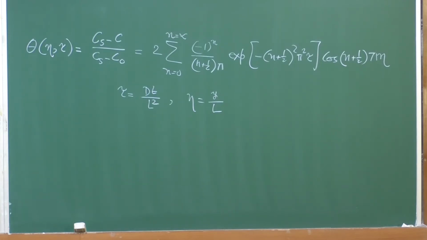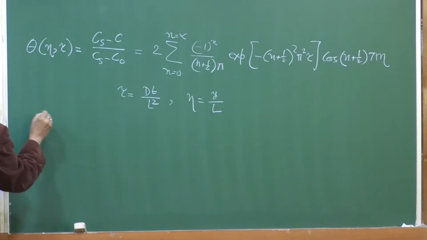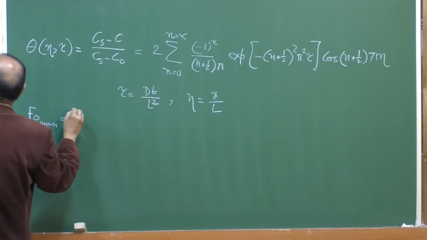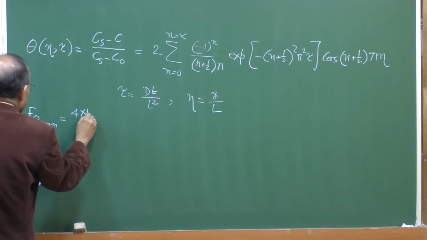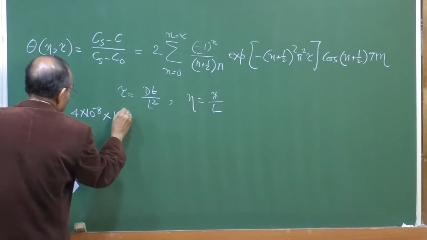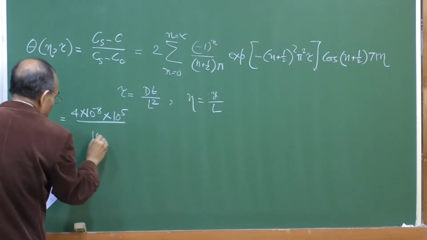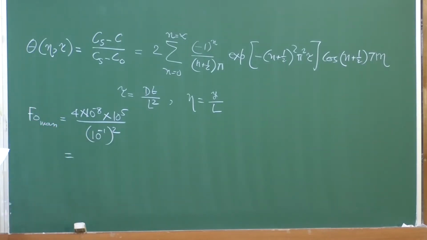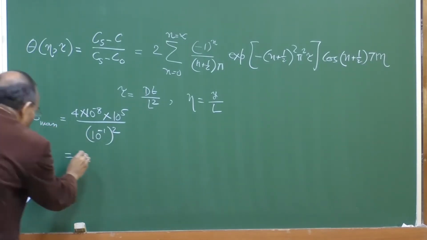Now, if you look at the value of Dt by L square, which we call the mass Fourier number, we put in the diffusion coefficient, which is 4 into 10 to the power minus 8, time, which is 10 to the power 5, and L square, which is 10 to the power minus 1 squared, and this value comes out to be something like 0.4.